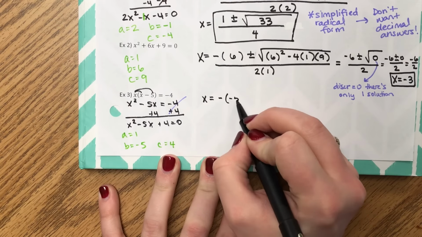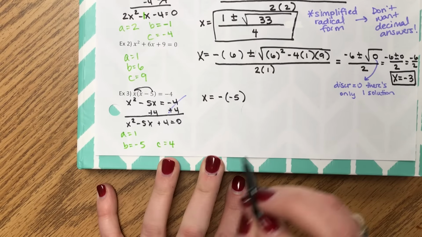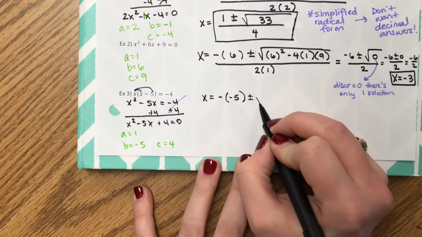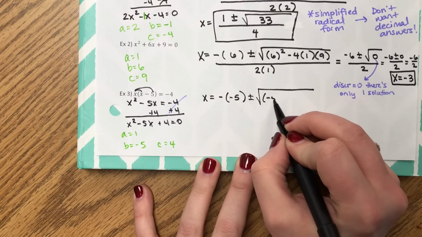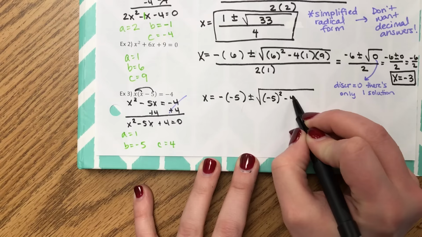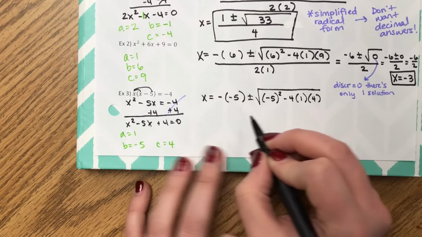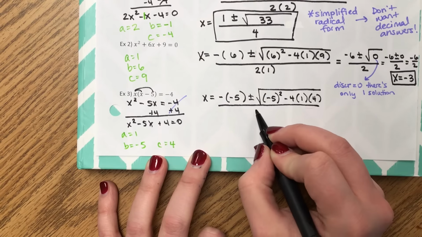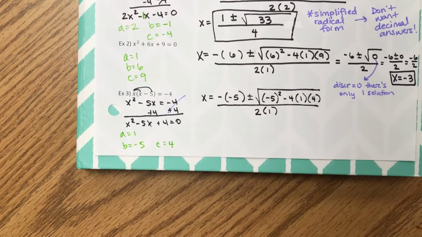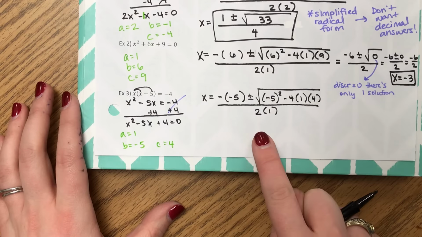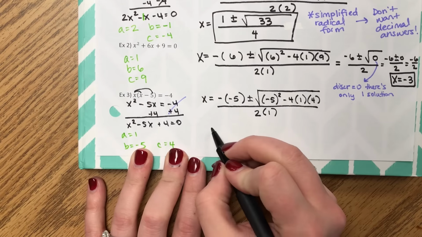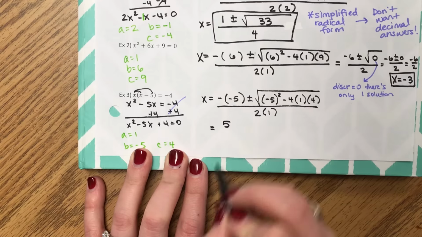We got negative b, so again, negative, negative 5, plus minus square root b squared minus 4 times a times c, big fraction, all over 2 times a. Again, 3 sections, simplify them separately. Negative, negative is positive 5.